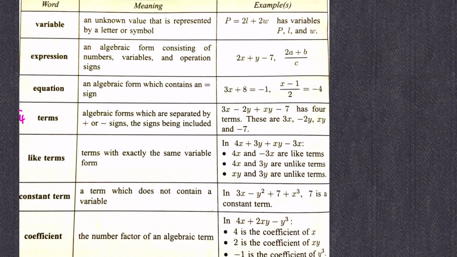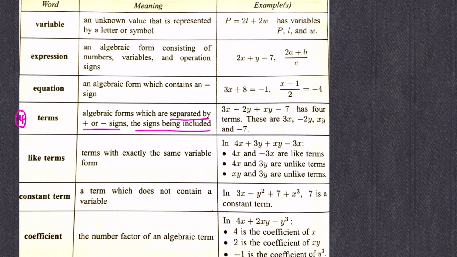Number 4, terms. Terms are algebraic forms that are separated by plus or minus signs, the signs being included. So the example given to us has 3x minus 2y plus xy minus 7.